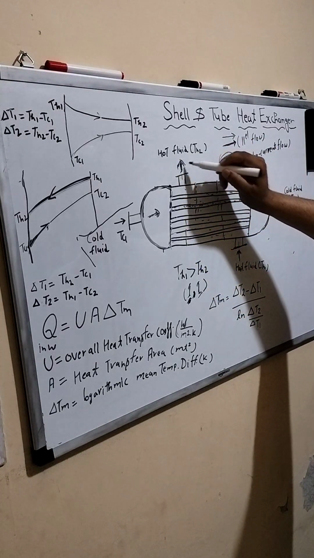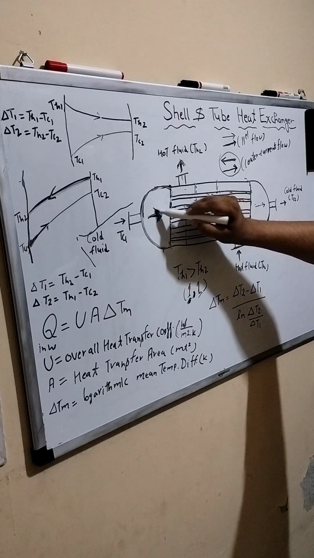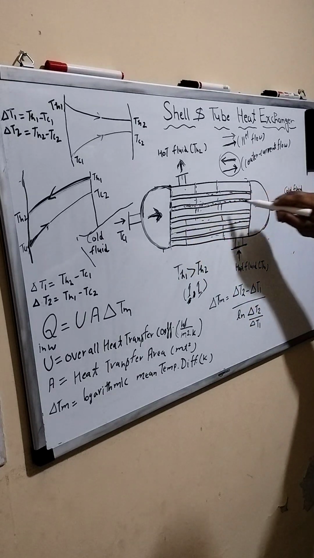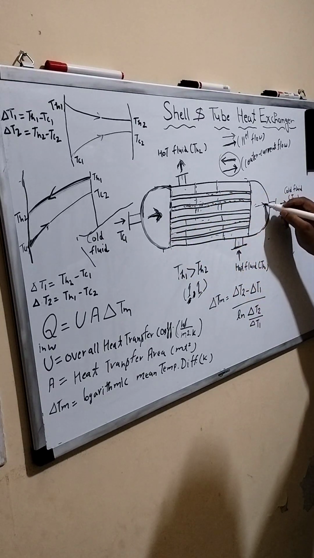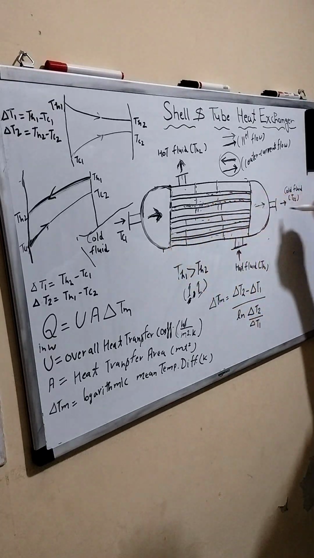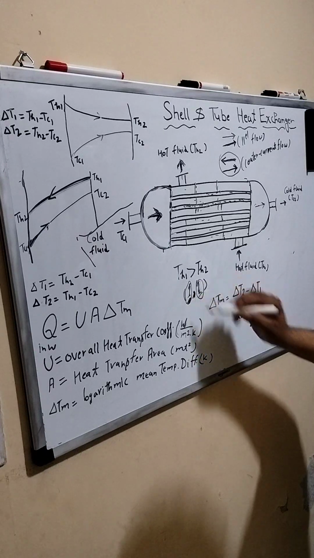It just moves out from this heat exchanger. The other fluid, which is moving inside the tube, also moves towards the outside through one pass only. So it is one shell pass and one tube pass.